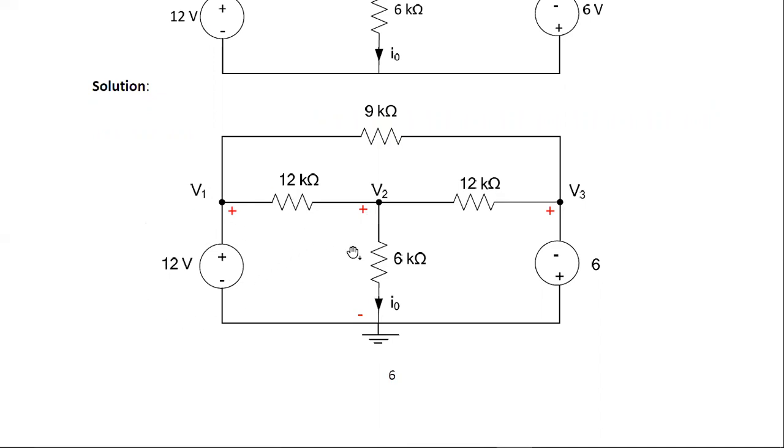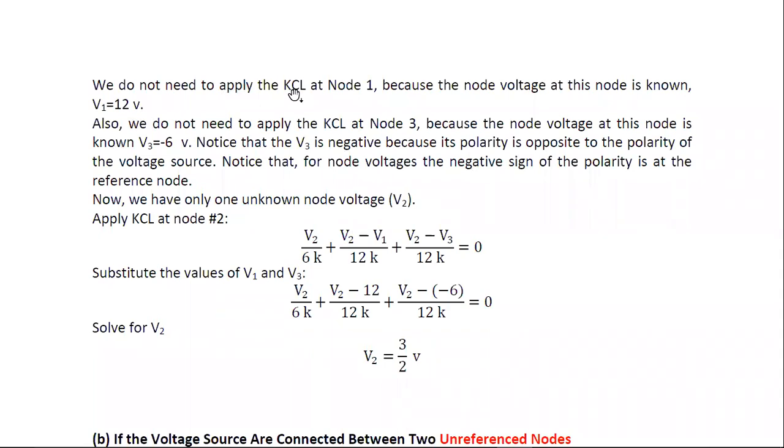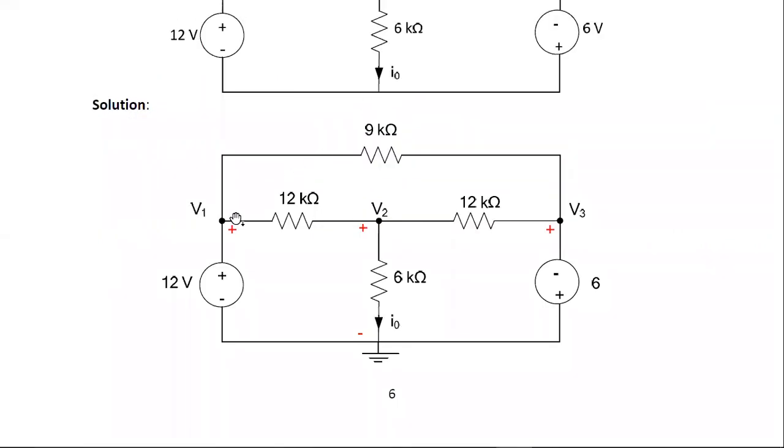That is what I explained in the theoretical mode. We do not need to apply KCL at node 1 because the node voltage at this node is known, it is 12 volts. I am repeating: we should not apply KCL here, because as per nodal analysis, currents always leave from the assumed nodal voltages.